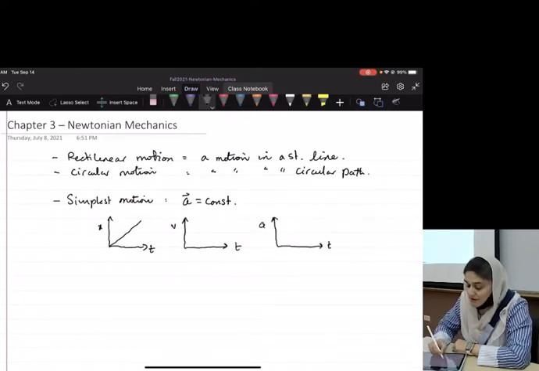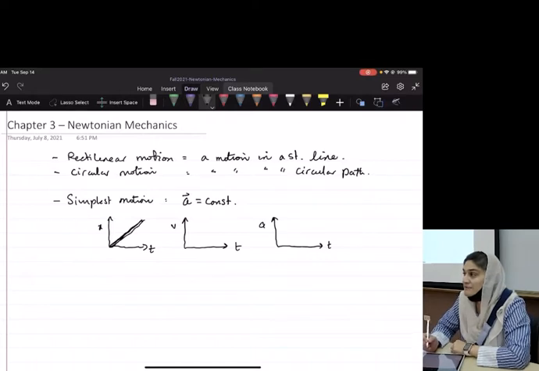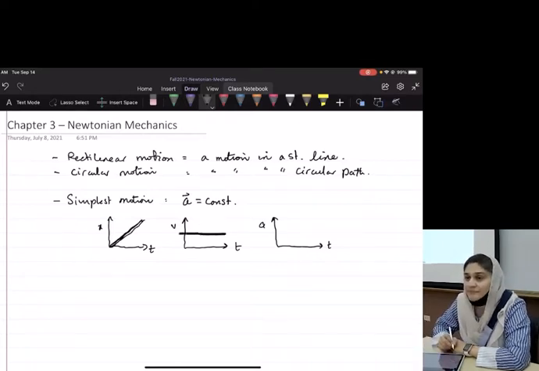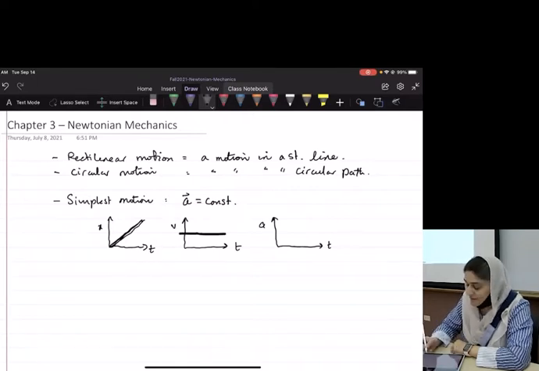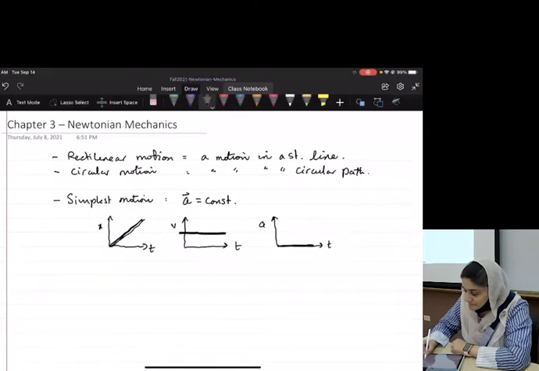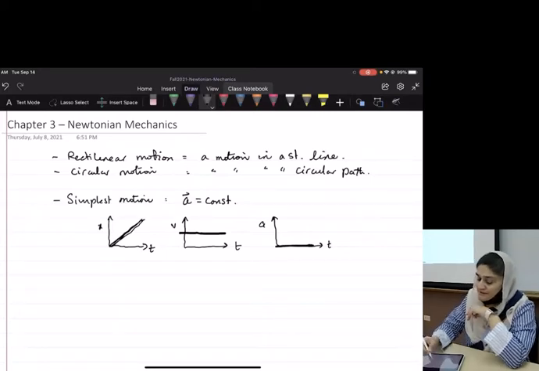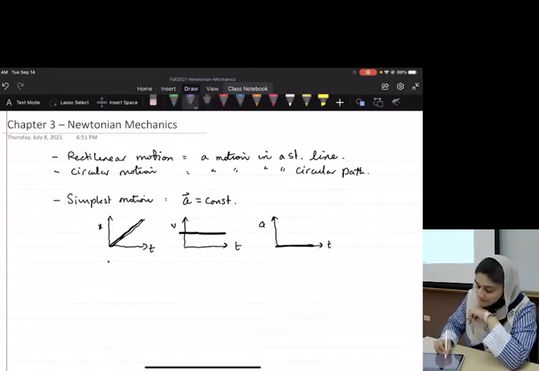If this is a constant graph moving upwards, what's the corresponding velocity for this graph? It's just a straight line, correct? And what's the acceleration in this case? 0.